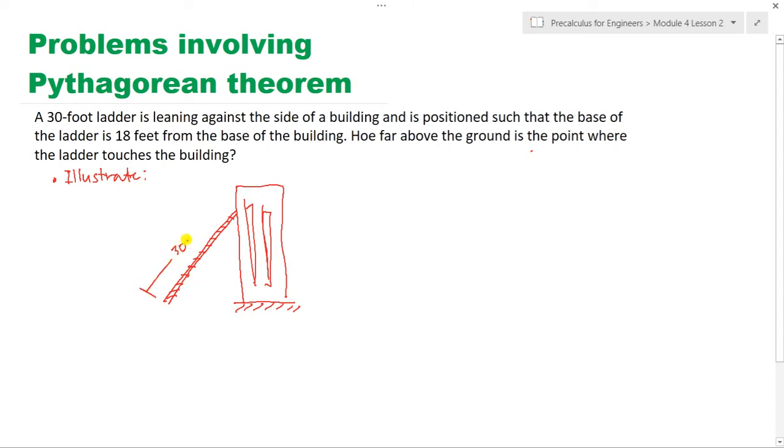So this is 30 feet. The single tick mark stands for feet. And then it is positioned such that the base of the ladder is 18 feet from the base of the building. So this is the base of the building, and this is the base of the ladder. So this is 18 feet.